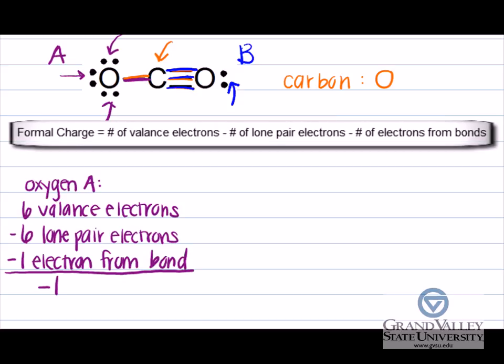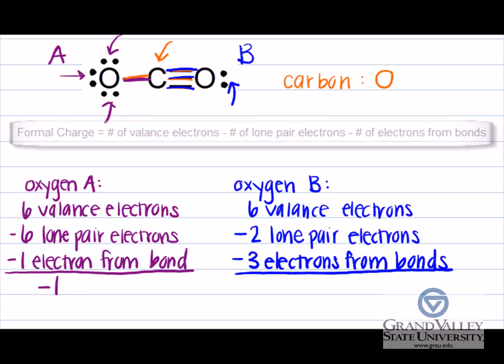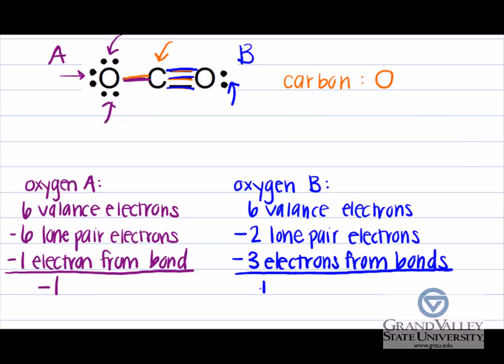This means we have 6 valence electrons minus 2 lone pair electrons minus 3 electrons from bonds to give us an overall formal charge of positive 1. There are formal charges on both of the oxygen atoms in this molecule.